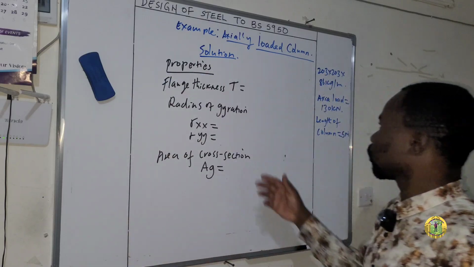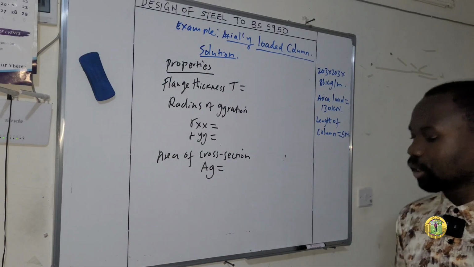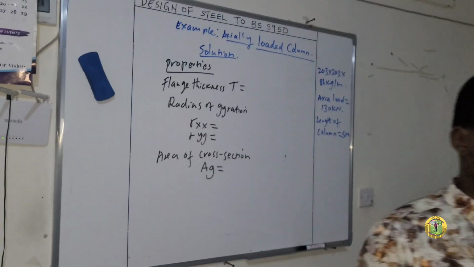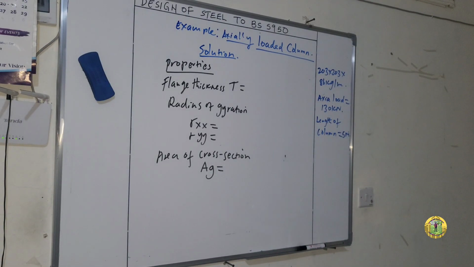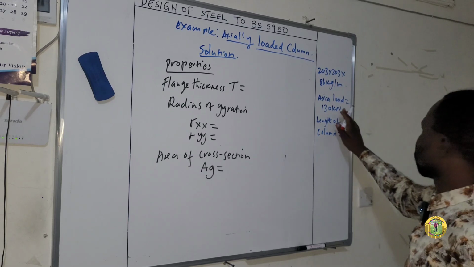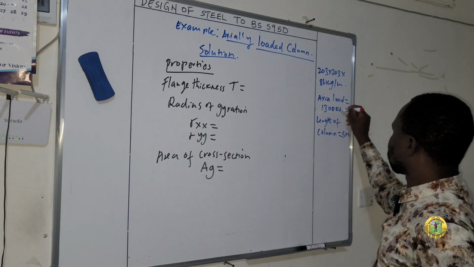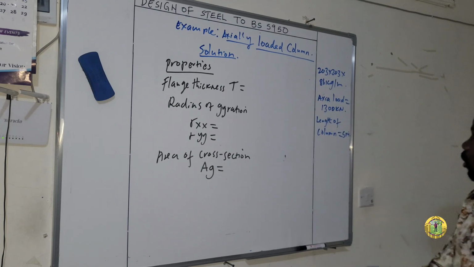So let us now go to the table and obtain these values. So I will show you how to obtain or how to read the table. I'm sorry, this one is supposed to be 1300 kilonewton, like that. So let me show you how to read the table.